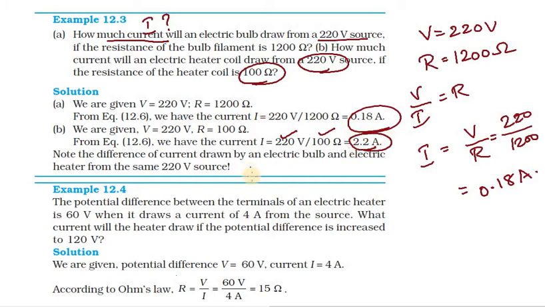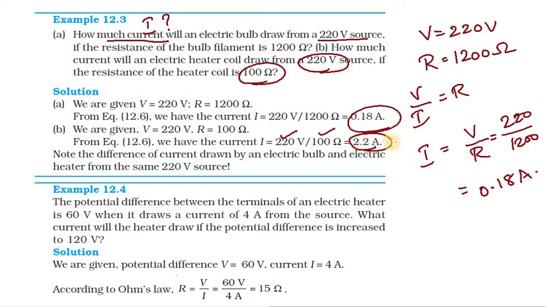So the difference that is drawn between the bulb and the electric heater from the same 220 volt source: the source is 220 volt, the potential difference is 220 volt, but the bulb takes a current of only 0.18 amperes, whereas the electric heater takes a much greater current.